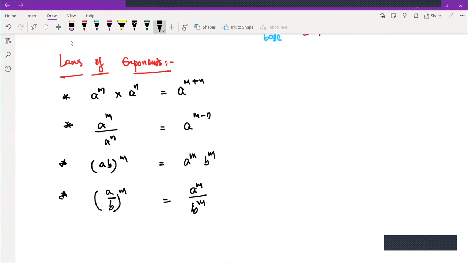Next, a power 0 is 1, where a not equal to 0. The base is not equal to zero. 0 power 0 is not defined, except that, for any other value, the power 0 is 1. And a power minus 1 is 1 by a power 1. Similarly, a power minus n equal to 1 by a power n.